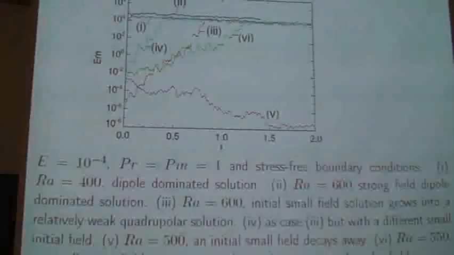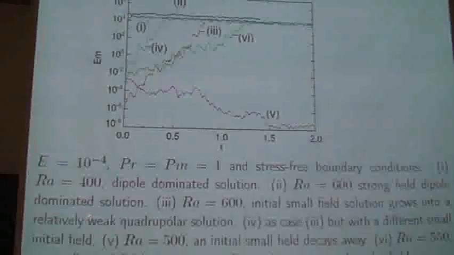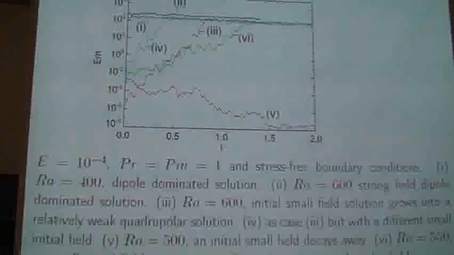The second one is Ra equals 600, which is a stronger dipole solution, so it's much the same as the 400 one, but its amplitude is a bit bigger because you're kicking it a bit harder, so the field strength is a bit higher. Number 3 is also 600, so 3 and 2 have exactly the same parameters. The only thing that's different is the initial conditions.